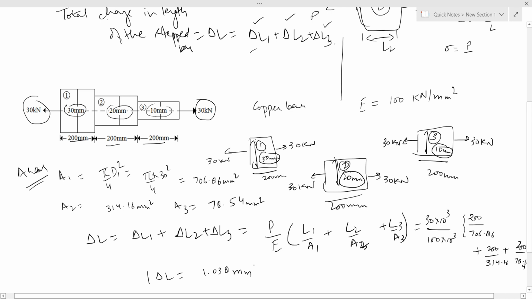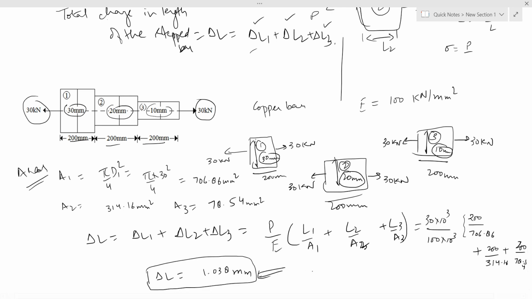This is the final or the total elongation of the stepped bar as shown in the figure and subjected to 30 kilonewton load. So this is how you will solve these types of numericals based on stress and strain in stepped bar. Thank you.